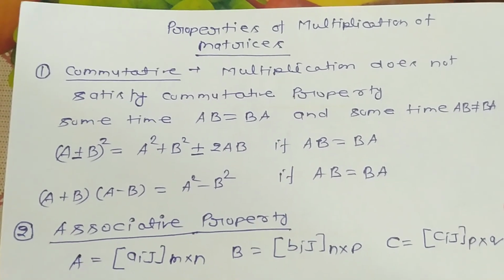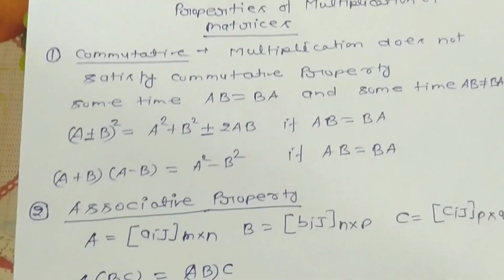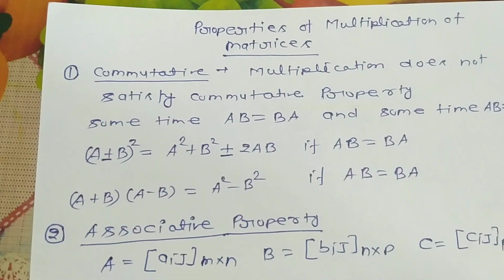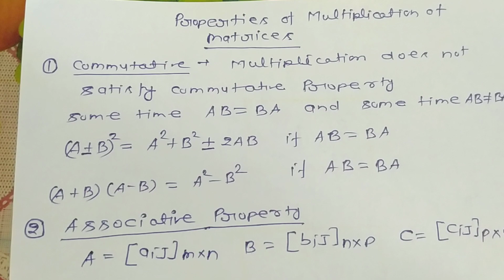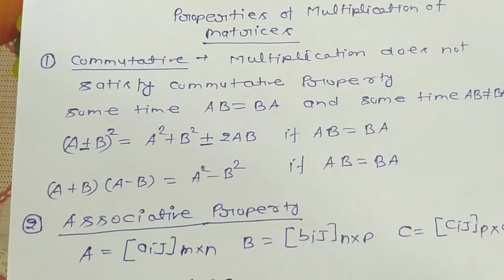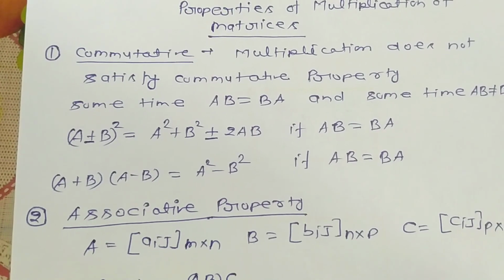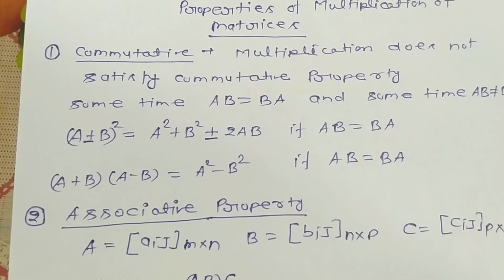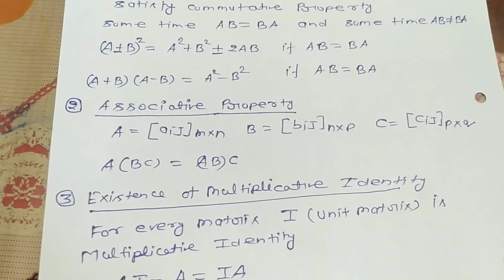There are two matrices A and B given and you have to check whether it satisfies the given identity or not. So we will not find A square, B square, AB, we will check only AB and BA. If AB is equal to BA, then we will say yes. If AB is not equal to BA, we will say no. Again, (A plus B) into (A minus B) is equal to A square minus B square if AB is equal to BA.